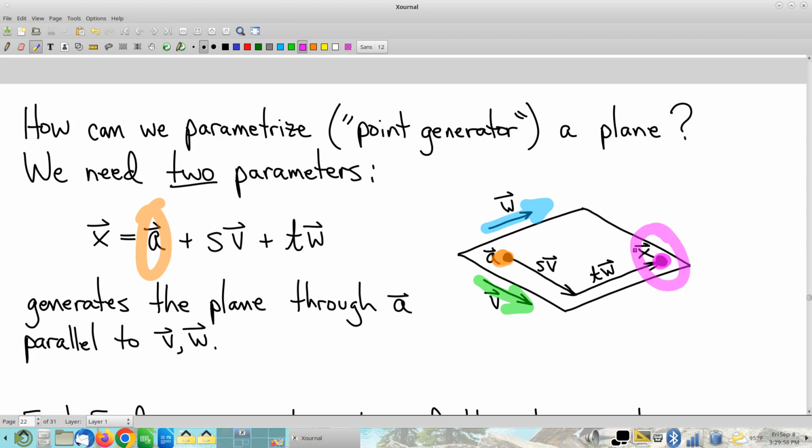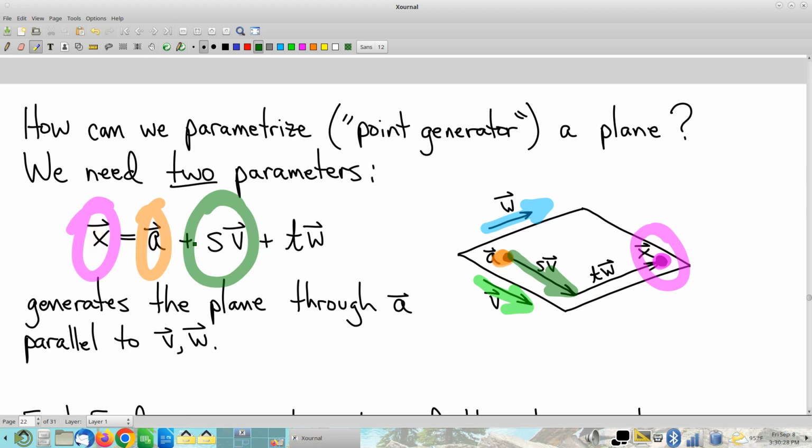Here's how: I generate this point X by starting at A, my given point in the plane. Then, roughly speaking, as I have drawn here, I need to go to some extent in the direction of V. It won't be a single V; it might be a slightly longer vector, but some scalar multiple of V will give me the right amount in the direction of V.